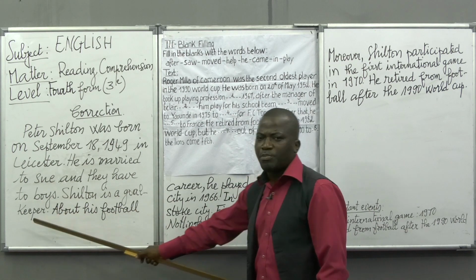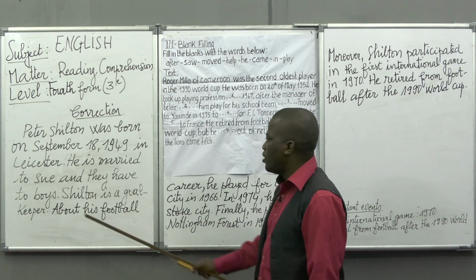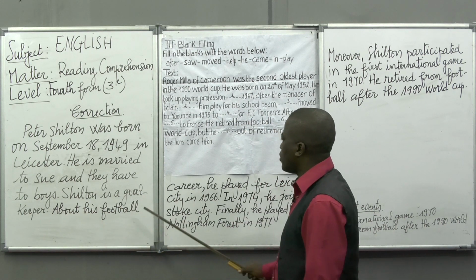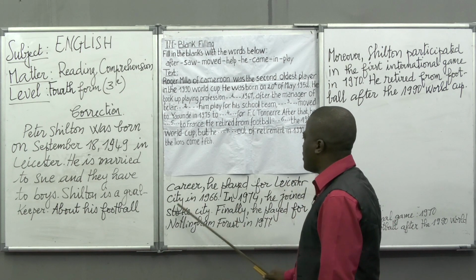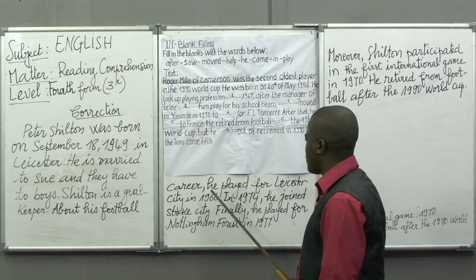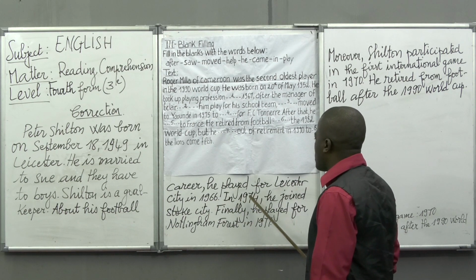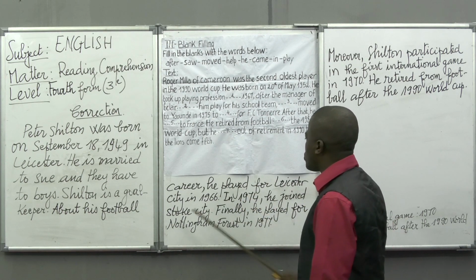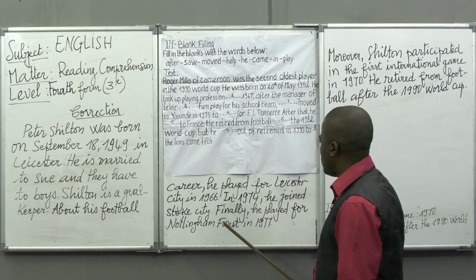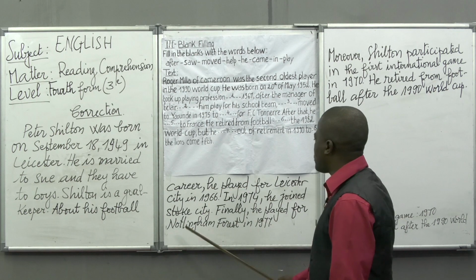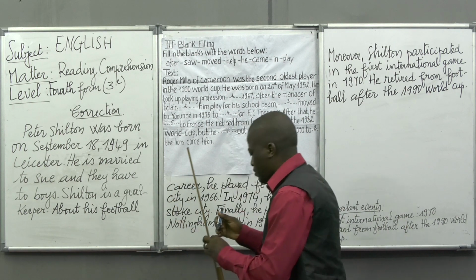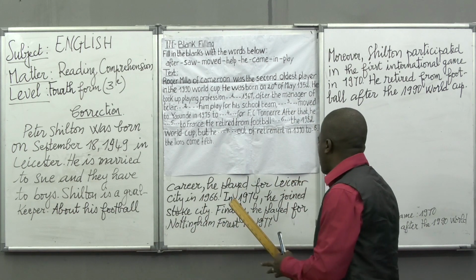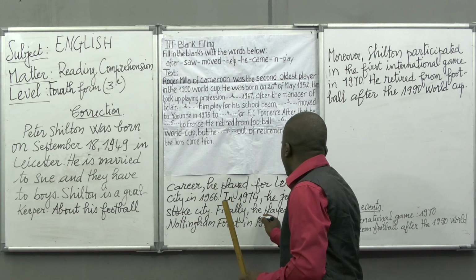Shilton is a goalkeeper. He plays football. That's good. About his football career, he played for Leicester City in 1966. In 1974, he joined Stoke City. It means he played for Stoke City. Finally, he played for Nottingham Forest in 1977. Good, class.